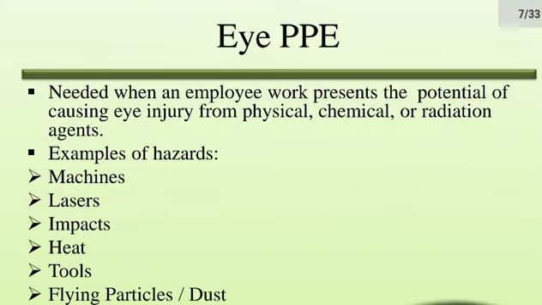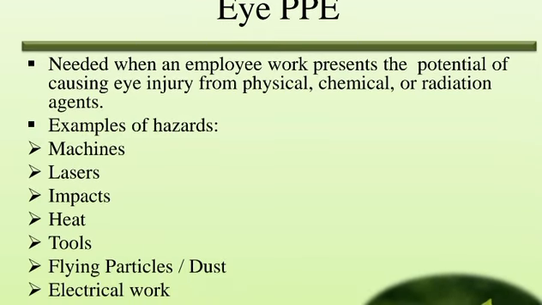The first type of PPE is eye PPE. So, why is eye protection required? Eye protection is a type of personal protective equipment designed to prevent injury to the eye. When is eye protection needed?